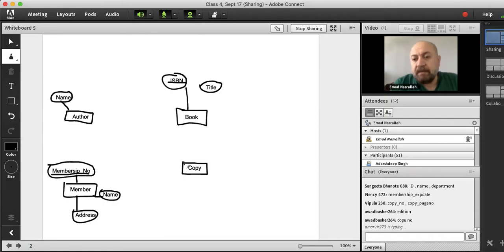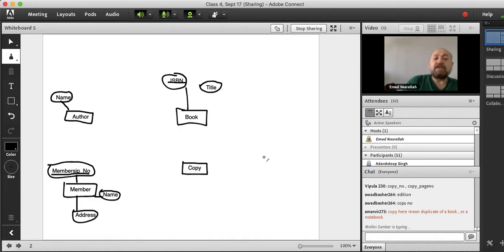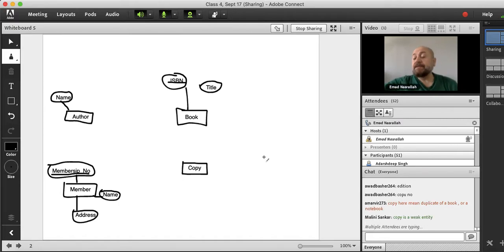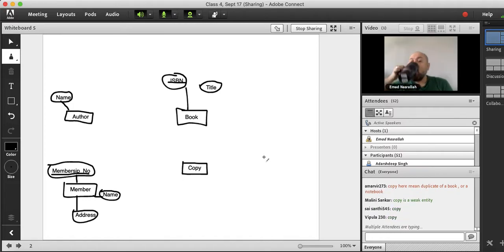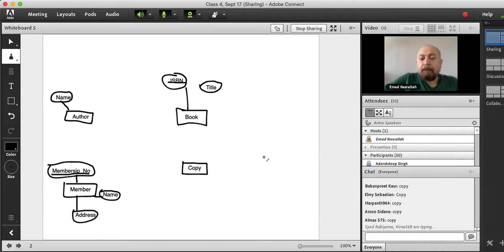This example is to explain the weak entity. Which one of these four entity sets is a weak entity? Why? Why is the copy a weak entity?